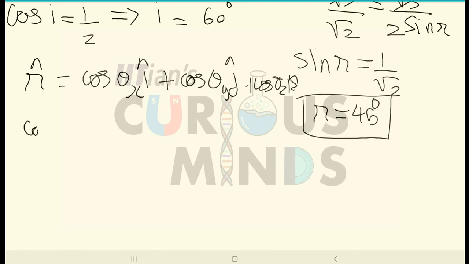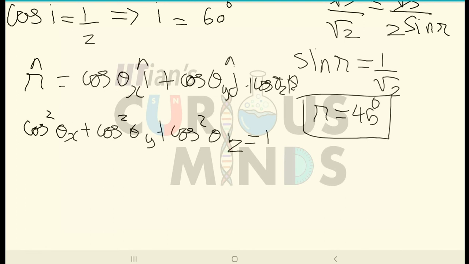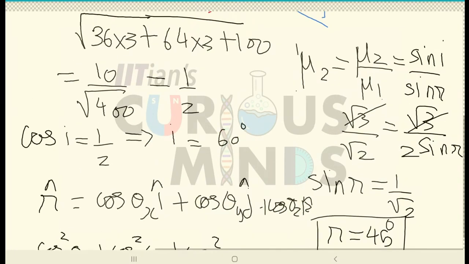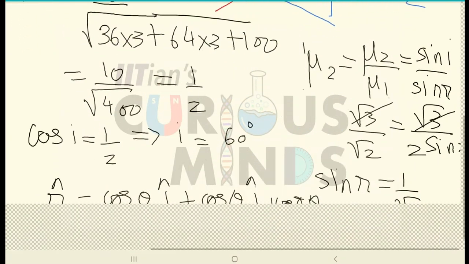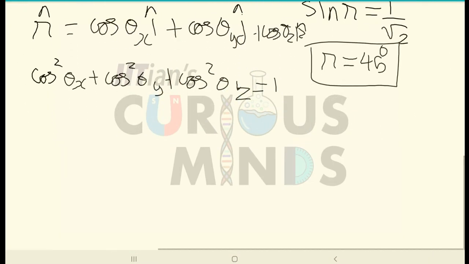Then cos square theta x plus cos square theta y plus cos square theta z is equal to 1. The x and y components of the refracted ray remain constant, they do not change; only the z component changes.